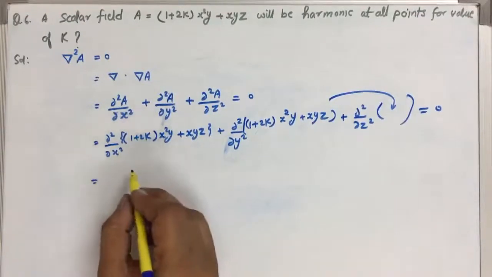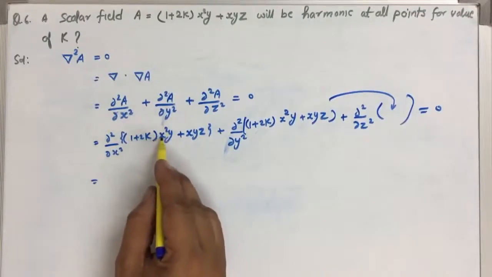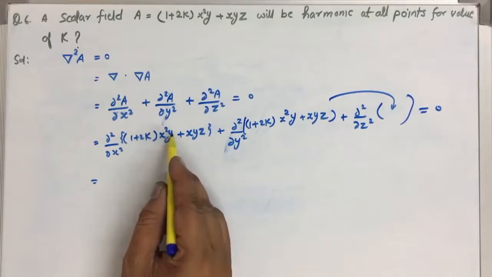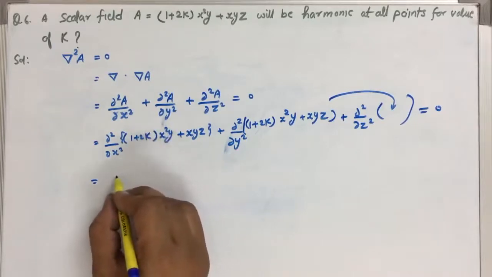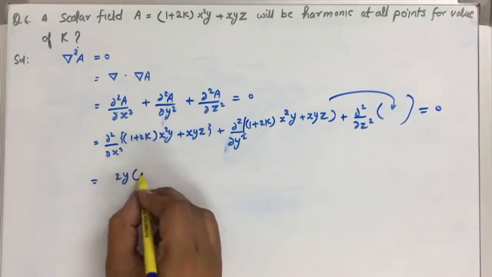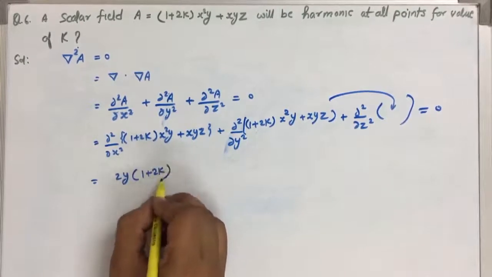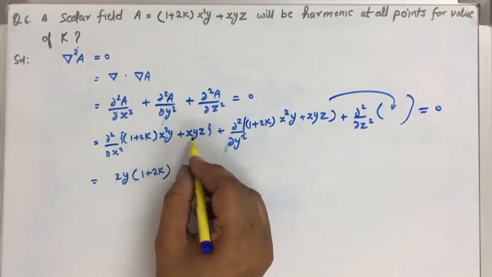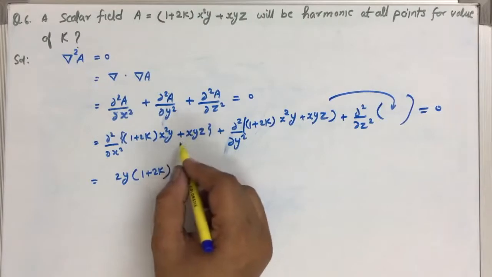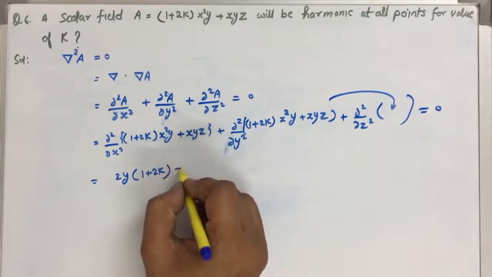Now differentiate it: 2xy, again you will get 2y, so 2y(1 plus 2k), it will give you yz. Further, if you differentiate it, it will give you 0.